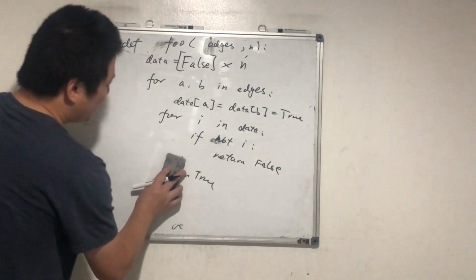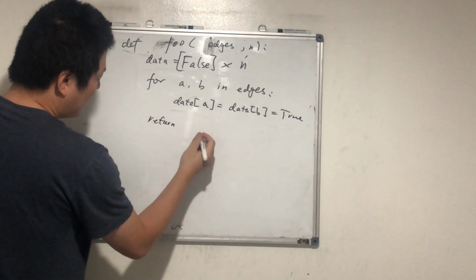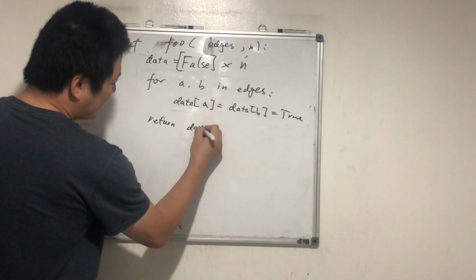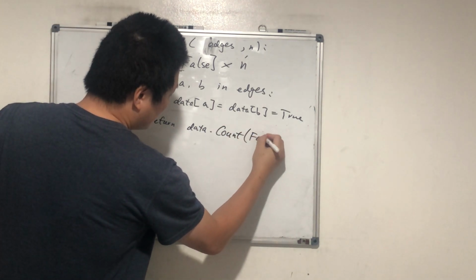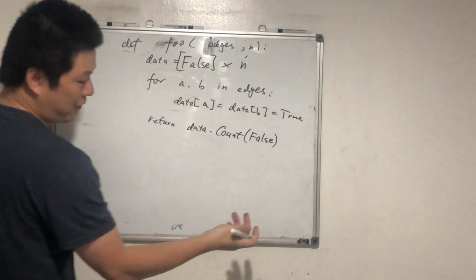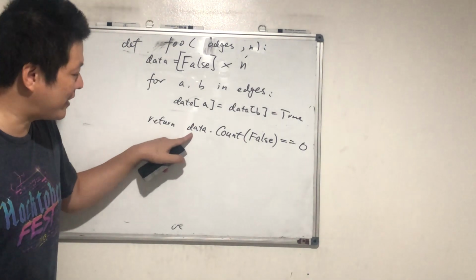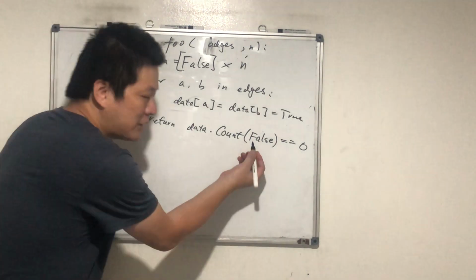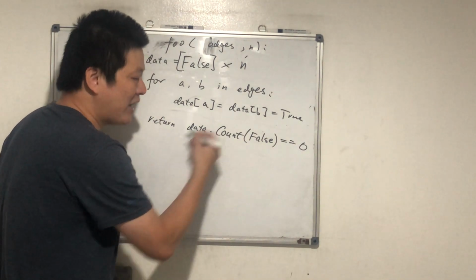So how about we do this here? We can just return data.count(False) equal 0. What does it mean? You go through the data and count how many values are equal to false, and this value needs to be 0.